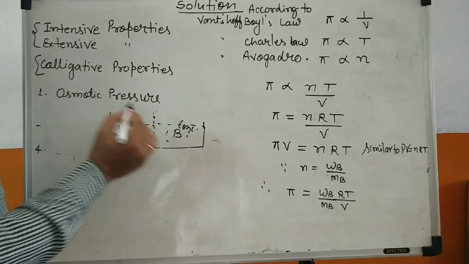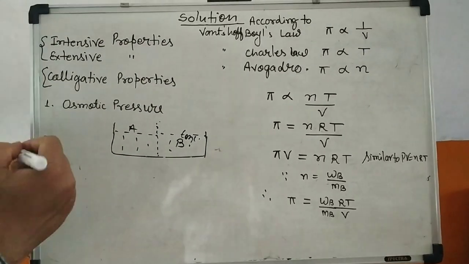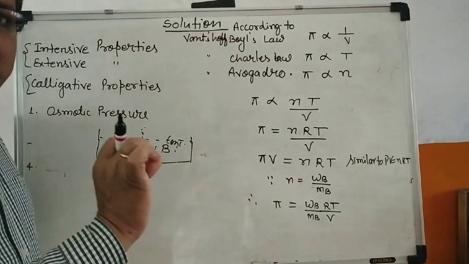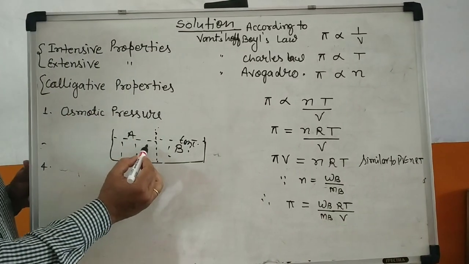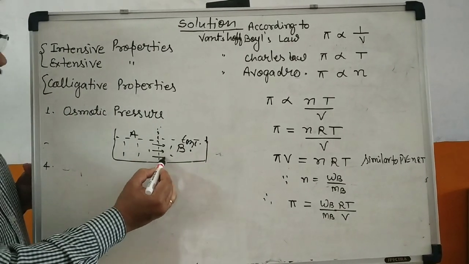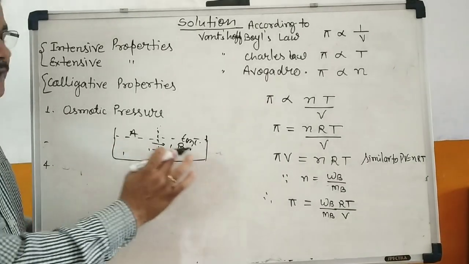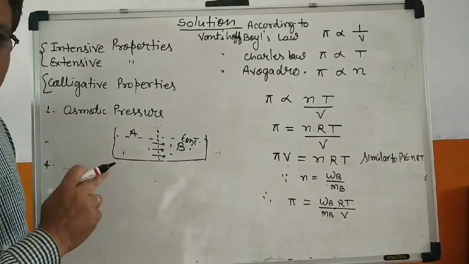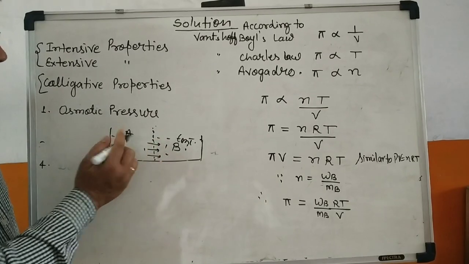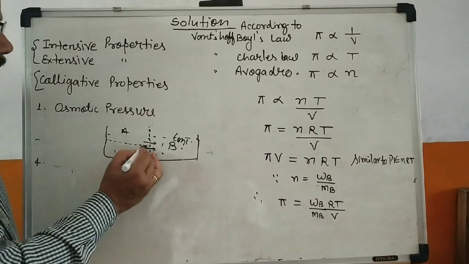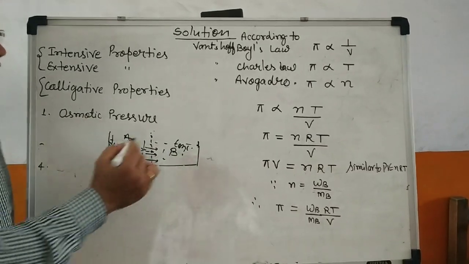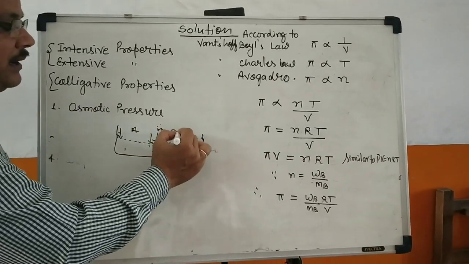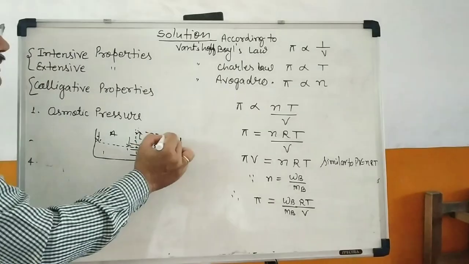The semi-permeable membrane allows only solvent particles, which are less in size, to pass. So movement of solvent particles from A to B will be observed. After some time the level of solution A will decrease, and the level of solution B will increase.